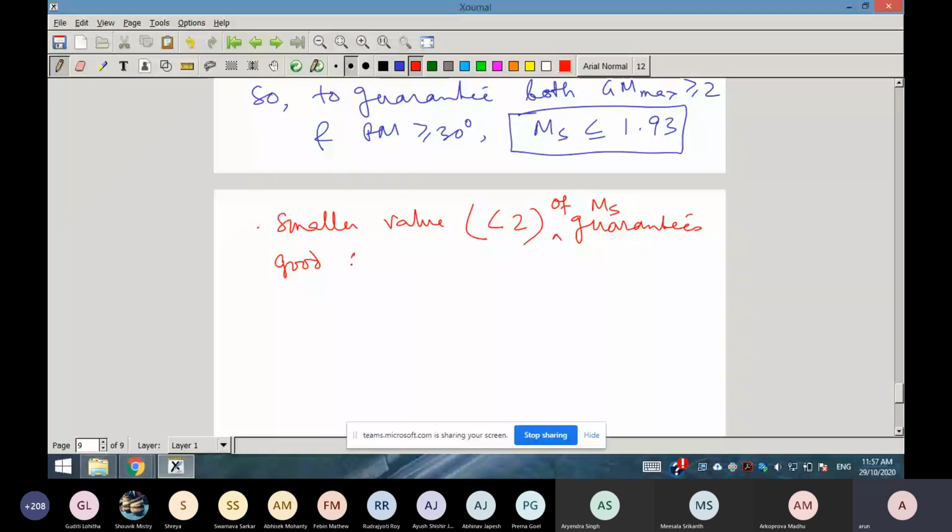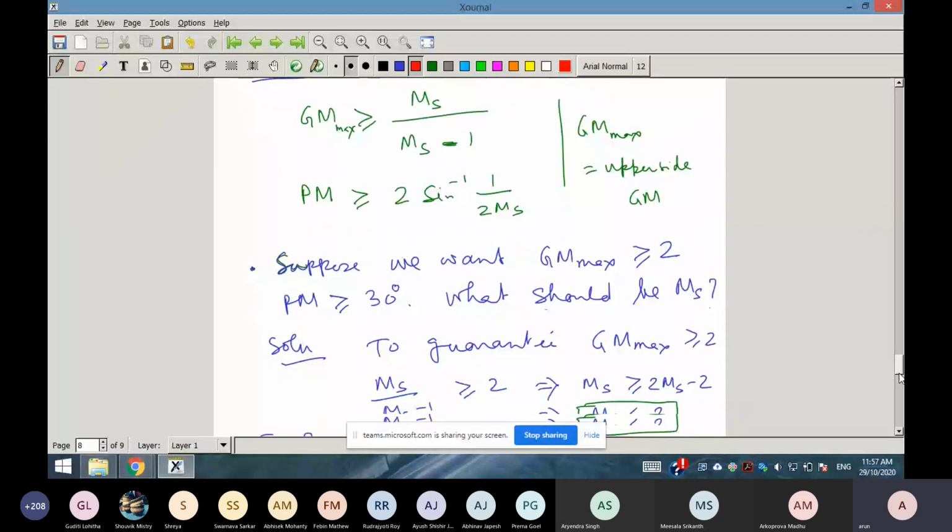GM max I should write, PM. That is the upper side gain margin. Similarly, for the lower side gain margin also one relation is there. So I also have to prove this one, and that you can easily prove.